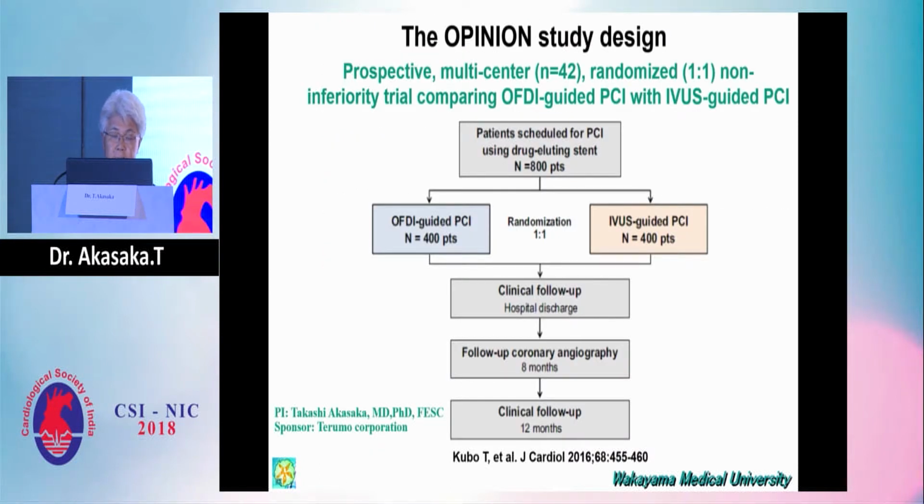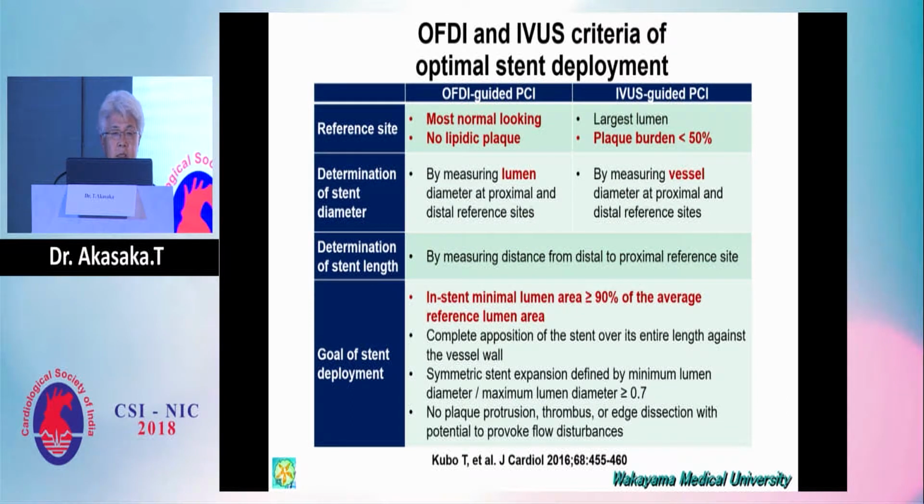And then we tried to demonstrate the OCT non-inferiority compared with IVUS guide based on the OPINION study as shown in this slide. And this is a guideline criteria on how to optimize OCT and IVUS-guided PCI.